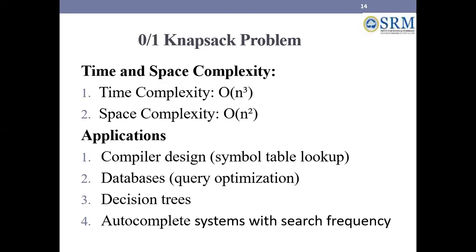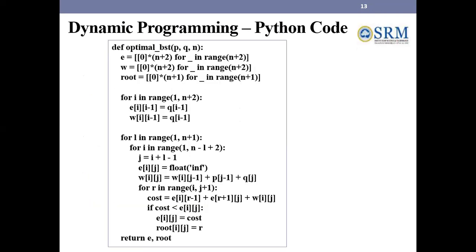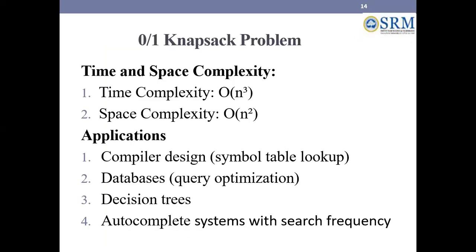N is the number of keys in the tree. We are using three for loops, 1, 2, 3. So the time complexity is order of n cubed, and the space complexity is order of n squared.